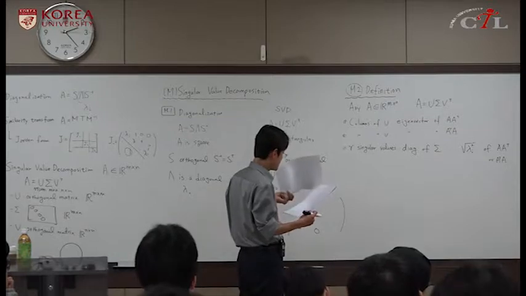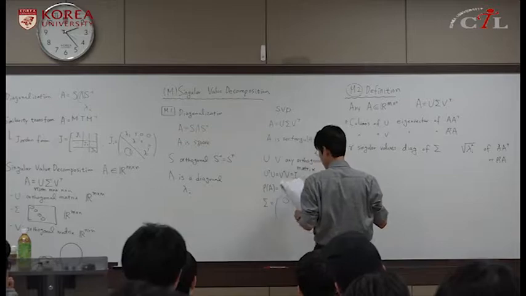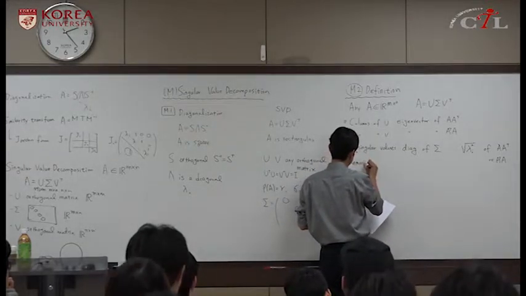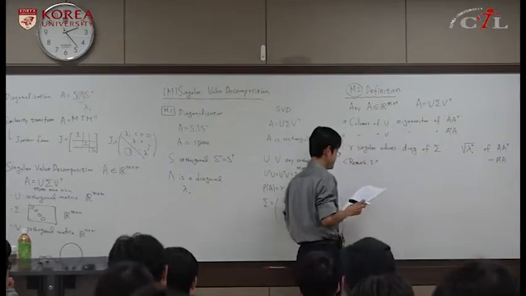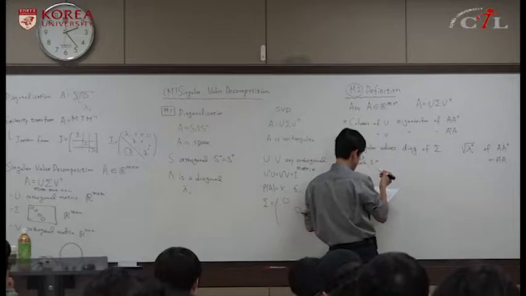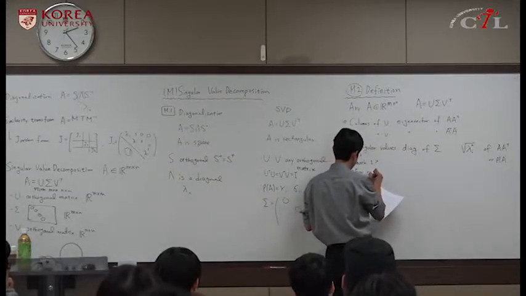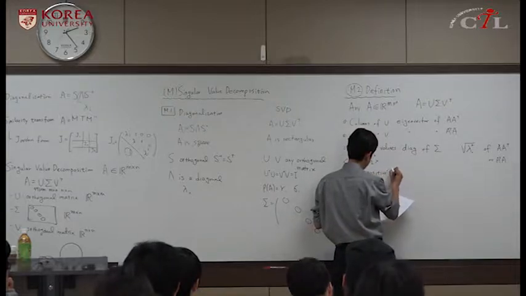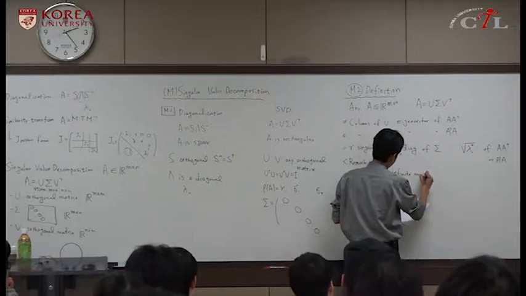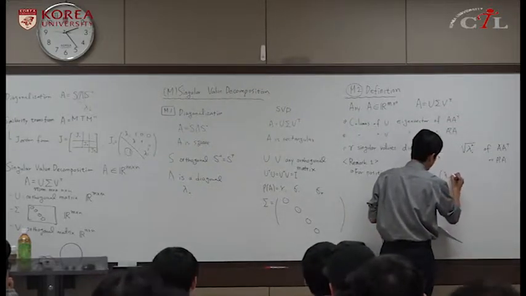And let's take a look at some properties, the remarks, one by one. For a positive definite matrix, if a matrix is positive definite, then its eigenvalues are positive.